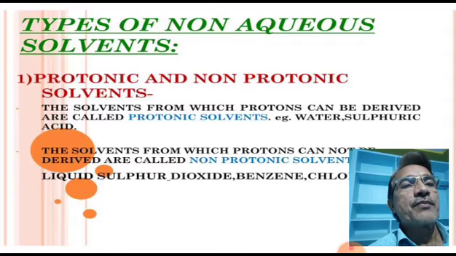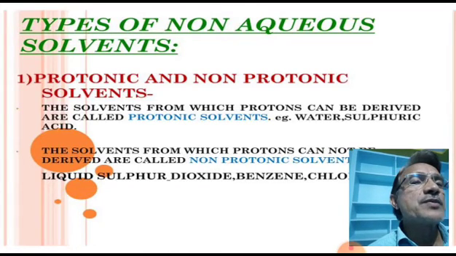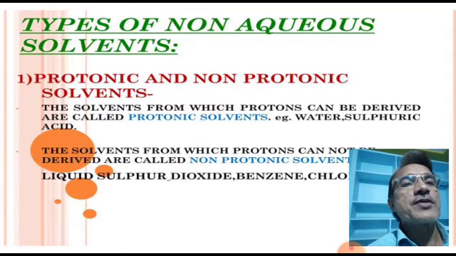Anyhow, water can produce protons, sulfuric acid can also produce protons. Therefore, water, sulfuric acid, hydrofluoric acid, etc. are called protonic solvents. The solvents from which protons cannot be derived are called non-protonic solvents.